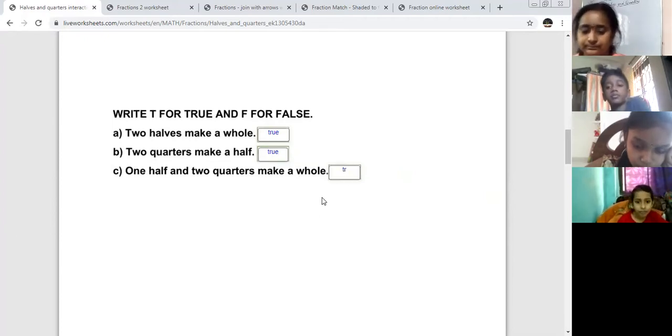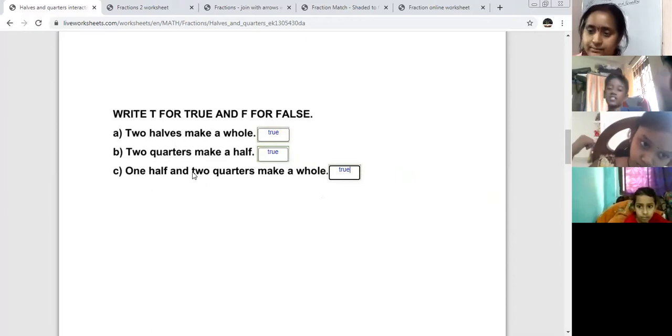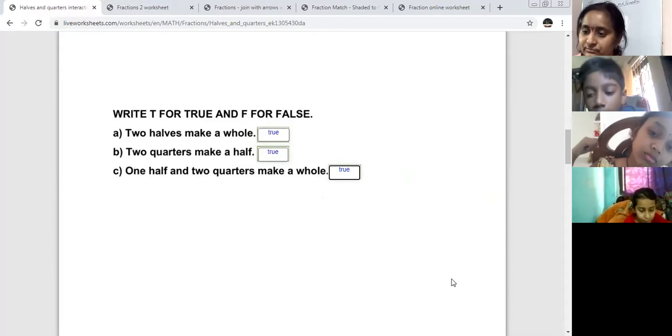Very good. So you understand the concept of what a half is, what a quarter is, and how to write them. Good. This lesson is very interesting and easy also.